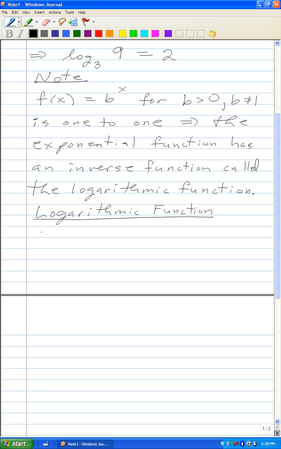So let's assume here that the base is greater than 0 and not equal to 1. Then I'll define the logarithm function as follows.